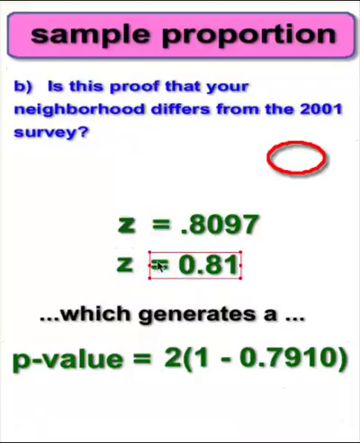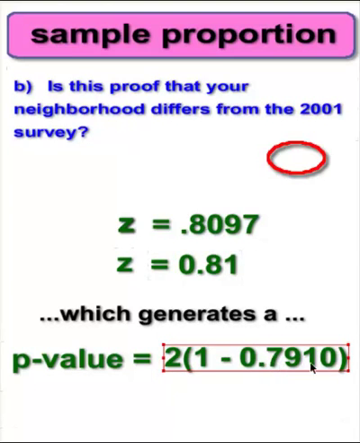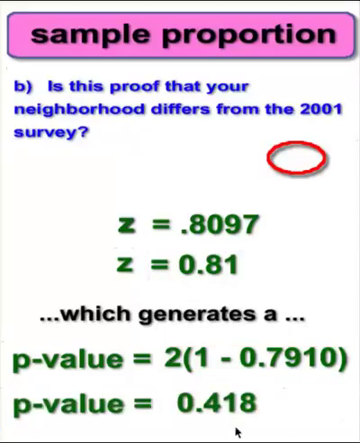So you look up the z-score of 0.81, you find that probability value. That's 0.7910, but we're treating it like a greater than, so you subtract it from 1, and then you multiply it by 2. That's how you do the not equal to problems, the two-tailed problems. So we get a final p-value of 0.418.